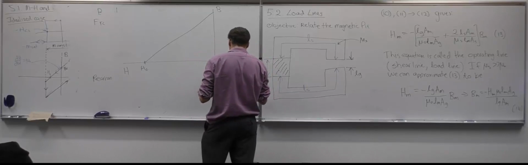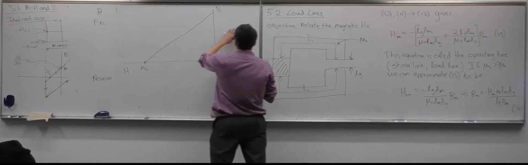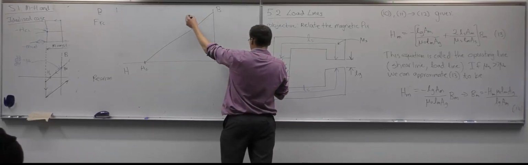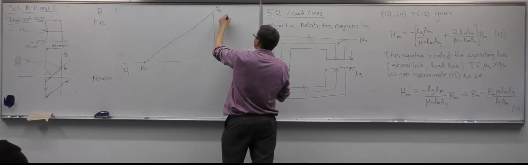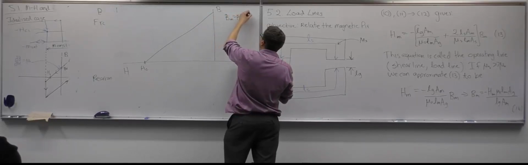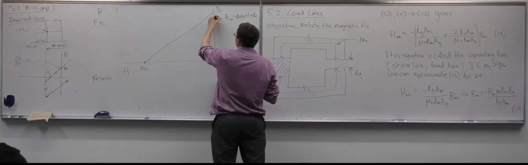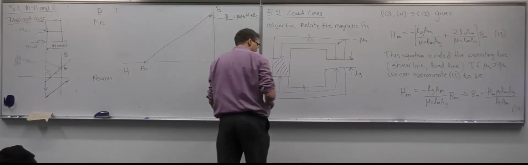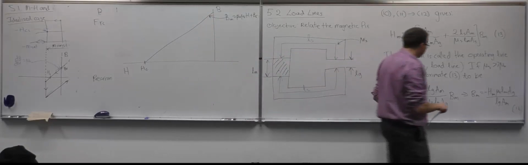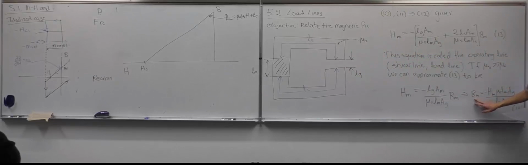And then we have Bm is equal to mu naught mu r H plus Br. That's the first curve.